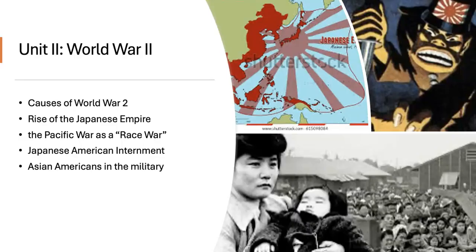So obviously, imperialism in the Pacific remains our focus here, though it becomes even more complicated. We're going to see how this leads to a clash of two imperial formations in the Pacific. Okay, and both are expansionists.